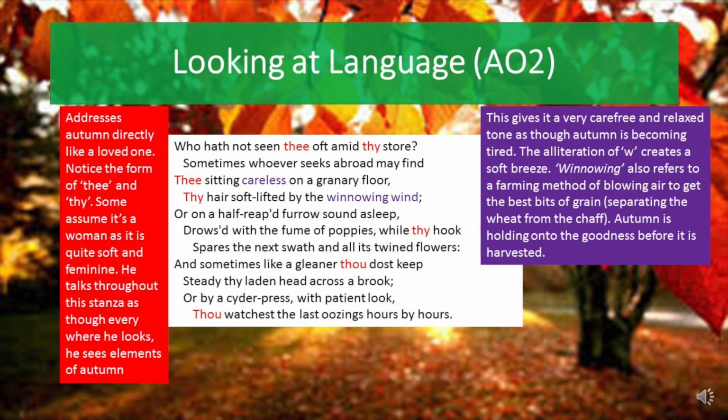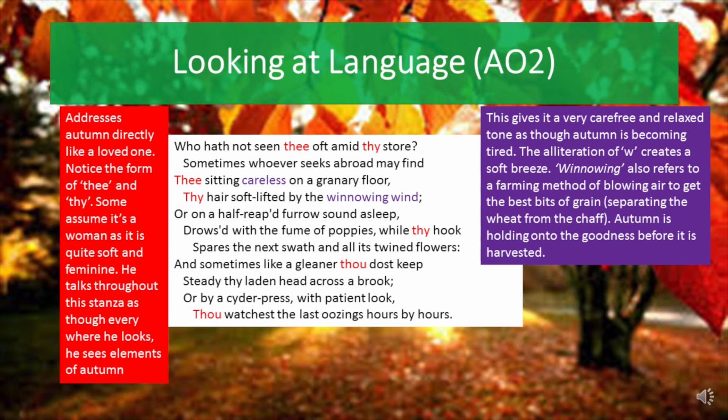And then this idea of using the word careless, which is in purple, and the winnowing wind, gives it an almost carefree and relaxed tone, as though autumn is becoming tired. So the alliteration of the w sound creates a soft breeze. Winnowing, which is what we said before, also refers to a farming method of blowing air to get the best bit of the grain.